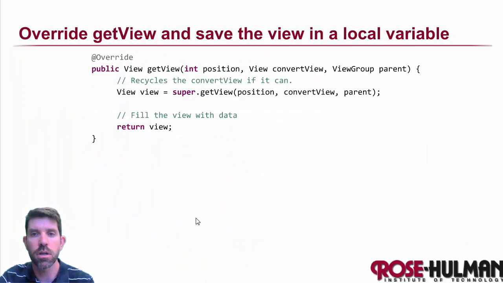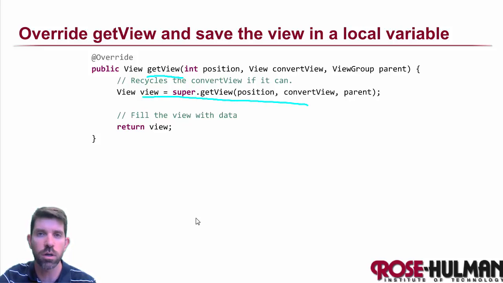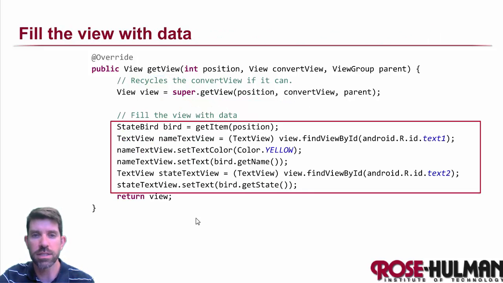Getting the slides caught up. Again, there's not much going on here. Really, the nice thing about array adapters is that we did not have to override all 4 methods. Just getView here. And in fact, even within this, we didn't really need to do that much work. With the convert view, we just let the super call take care of all of that. And then all we needed to do was basically fill the data. And the way that we did that should be fairly familiar to us.